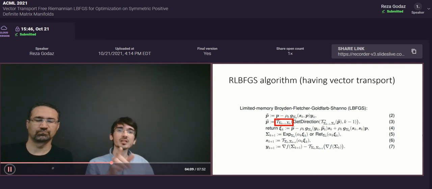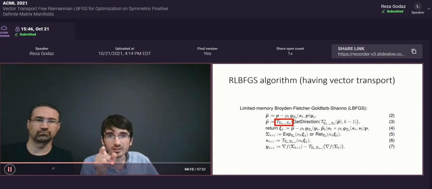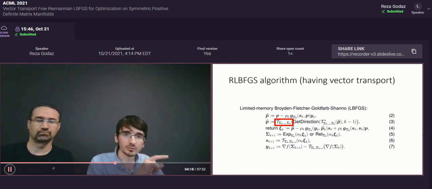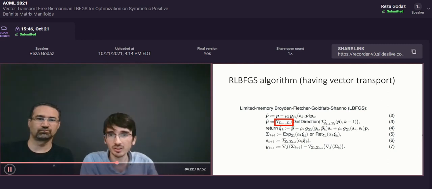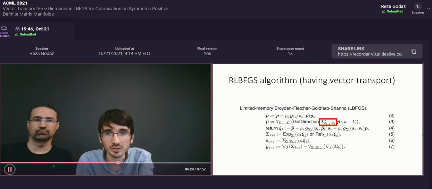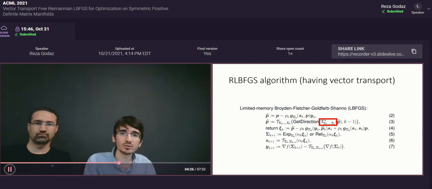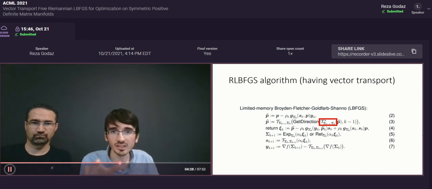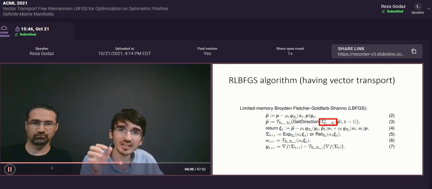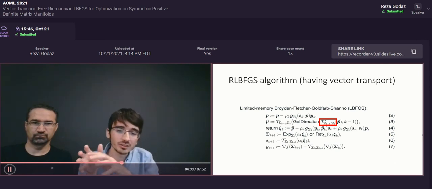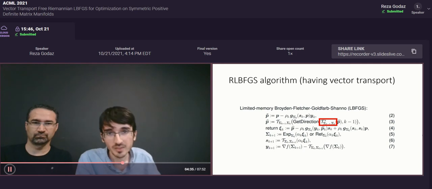When calling the recursion inside the recursive function, we have vector transport for going from one point to another point, and this is very time consuming to compute. Also, we have adjoint vector transport, which is kind of like the inverse vector transport, but not exactly that. It brings the next point to the previous point.